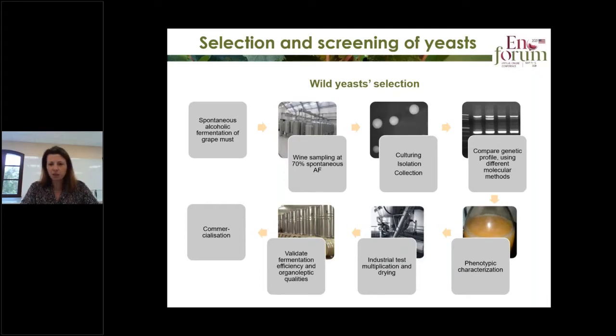After this identification, physiological characterization was done on different strains at lab scale and experimental cellar scale, which we will see just after. Industrial tests and multiplication and drying are carried out before validation in the field to confirm fermentation efficiency and organoleptic qualities, before the next step, the commercialization.